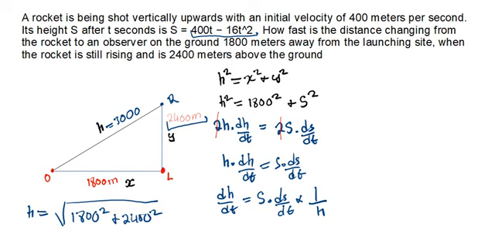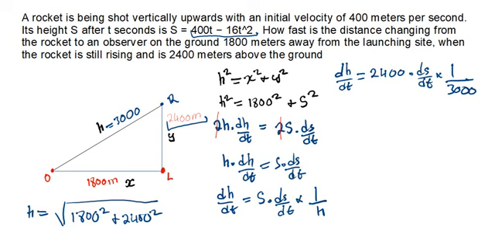So we can say our dh/dt is equal to our s at 2,400, then we still have our ds/dt there, multiplying by 1 over the 3,000. Yeah, it's 3,000.